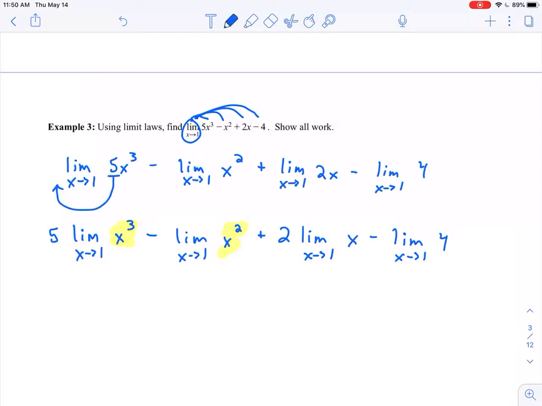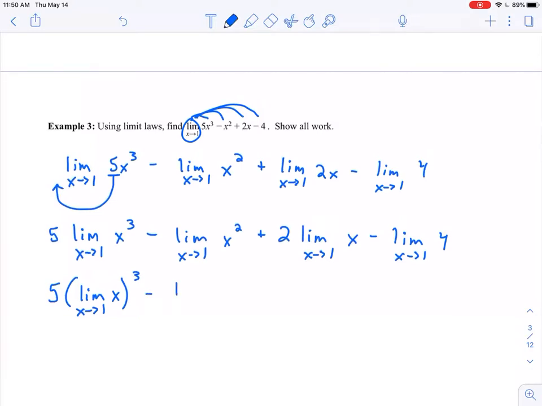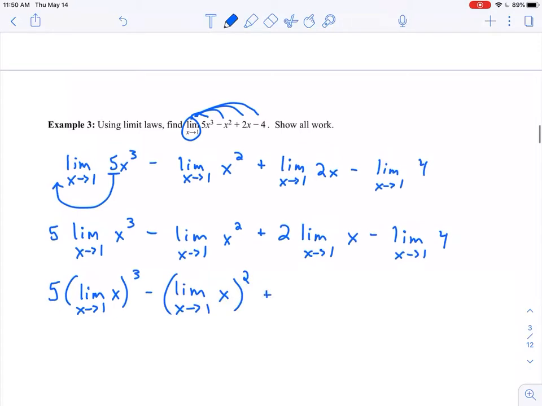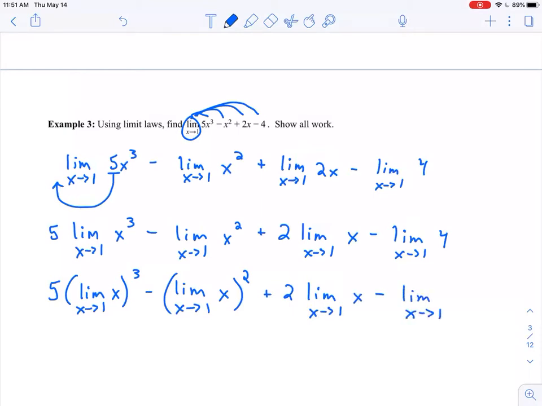So that's exactly what I'm going to do here. 5 times the limit as x approaches 1 of x, raised to the third power, minus the limit as x approaches 1 of x. We're going to square that whole limit. And again, these two over here we don't really need to do anything with. Limit as x approaches 1 of x minus the limit as x approaches 1 of 4.